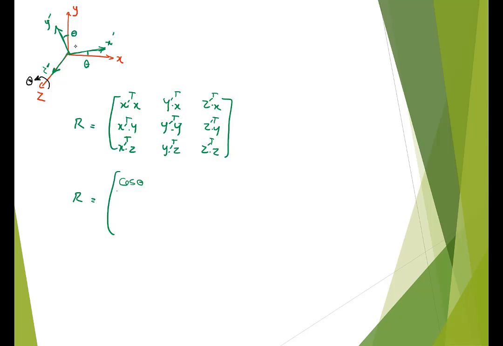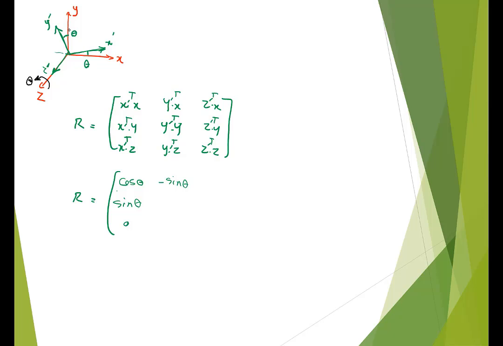The cosine of the angle between them, which is actually equal to sine of theta. x prime dot z, these two are perpendicular, so their dot product is 0. y prime dot x would be the cosine of the angle between them, right? Which is actually equal to negative sine of theta.